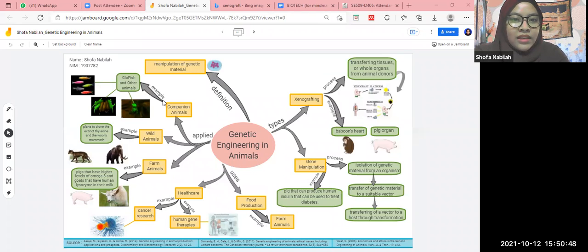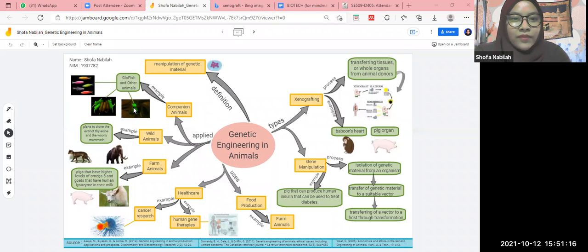The first is companion animals. Examples are goldfish, mice, and cats. Glowfish and other animals can glow in the dark. Why can it be like this?